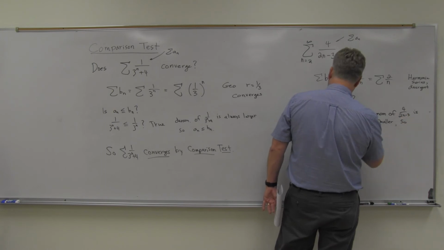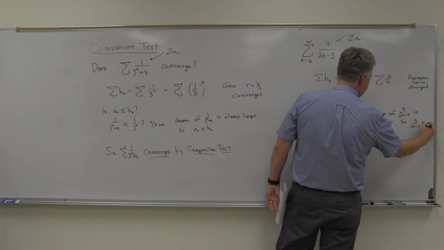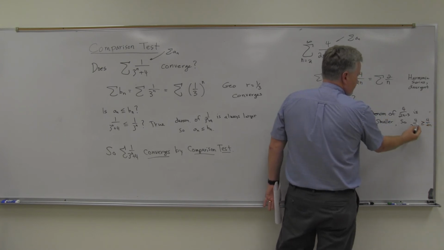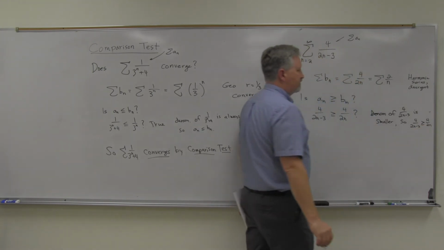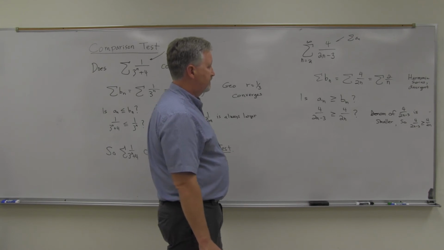So that's true. So 4 over 2n minus 3 is greater than 4 over 2n. Because the denominator is smaller, that makes this bigger, 4 divided by that. That's true.